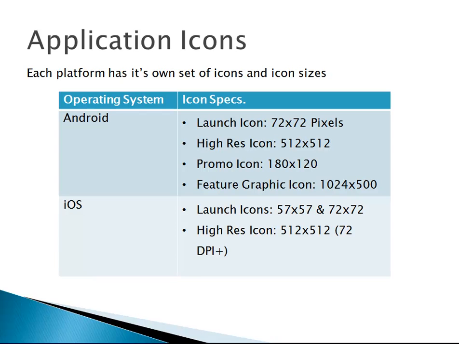You should also have a high resolution icon at 512 by 512, which is pretty big icon. You can have a promotional icon, which I believe is optional, which should be 180 width and 120 height, and also a feature graphic icon, which can be 1024 width and 500 height.